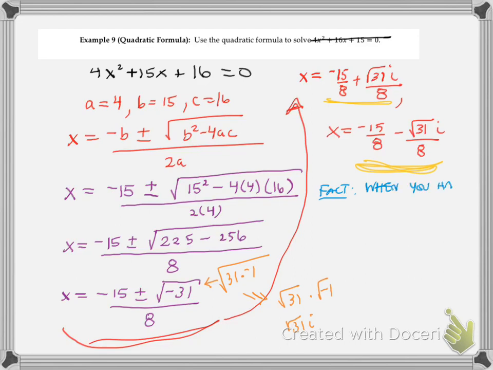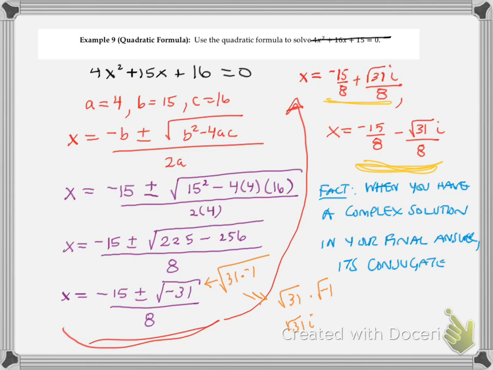When you have a complex solution in your final answer, its conjugate will also be a solution. And let me tell you why I really like this, besides the fact I really love math. You get 2 for the price of 1.